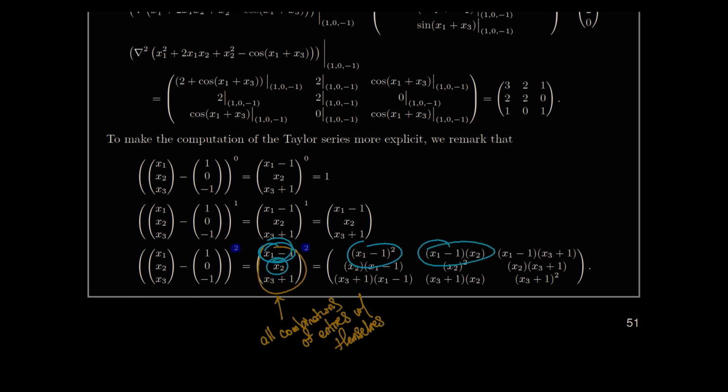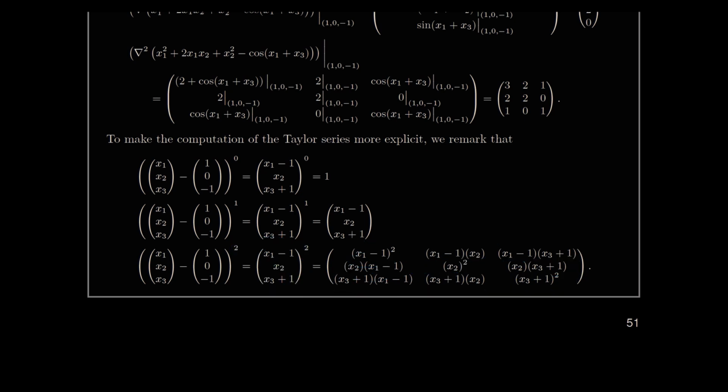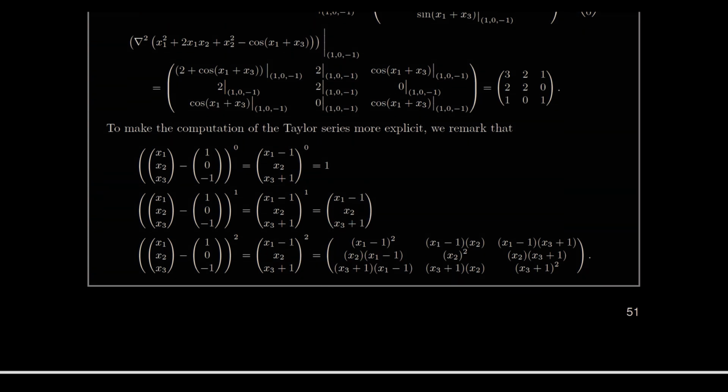It's the first times the second. The first times the third is over here. We've got the second times the first over here. The second times the second here. The second times the third here. The third times the first here. The third times the second here. And the third times the third here. So we calculate all of those out and we get our lovely tensor product of the vector with itself.